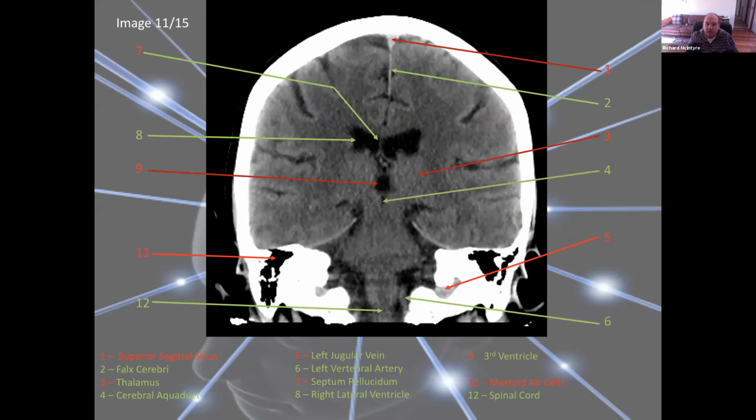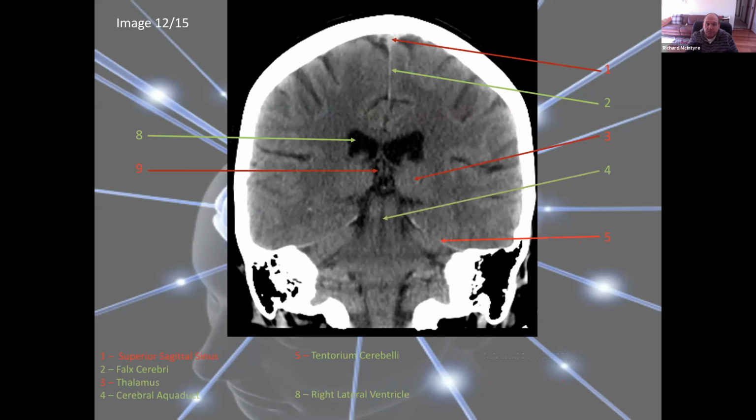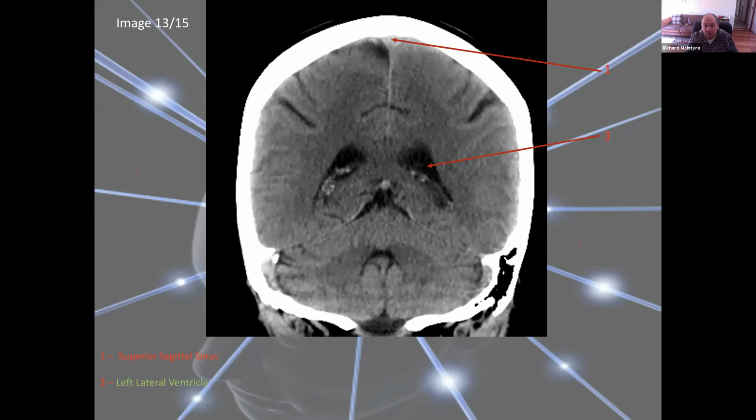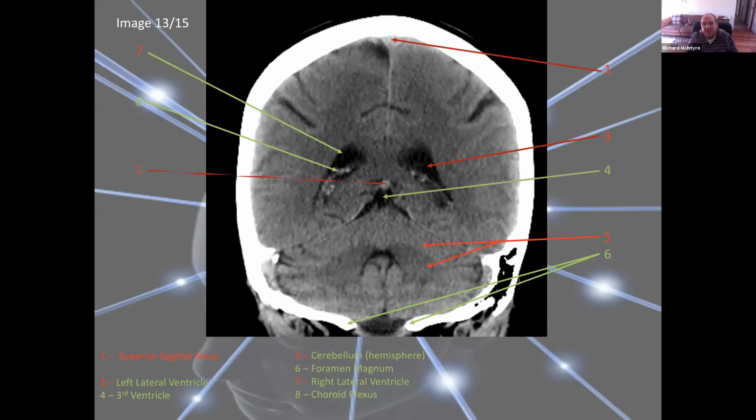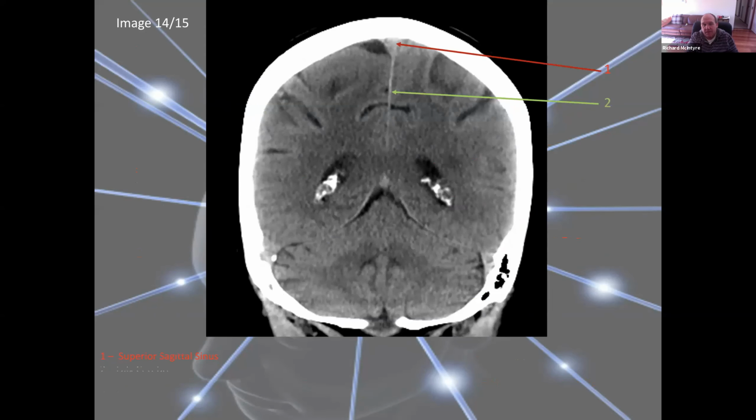Much of the same structures we've been covering. The thalamus, so the thalamus sits just above or either side of the third ventricle. Okay, just a little bit more posterior underneath the lateral ventricles. Okay, and then we're going to come back towards the tail of the caudate nucleus, which we don't see particularly well in these images, but of course they're following the lateral ventricles.